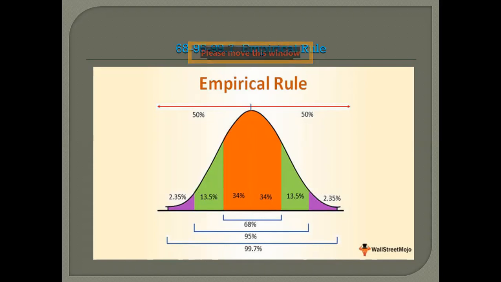You can see this in orange color. So if you add 34% on the left side and 34% on the right side, this adds up to 68%. So 68% of the data is always within one standard deviation of your mean.